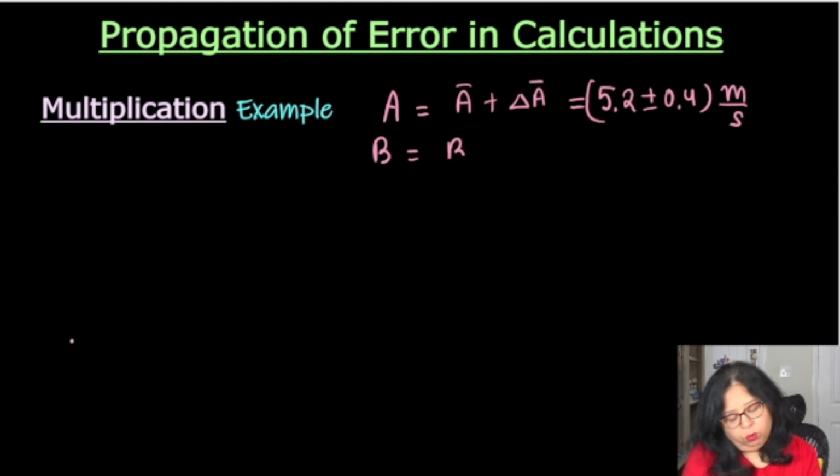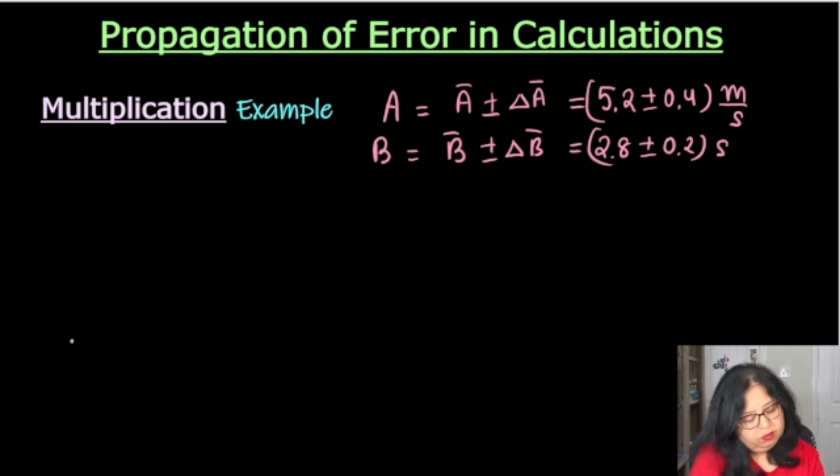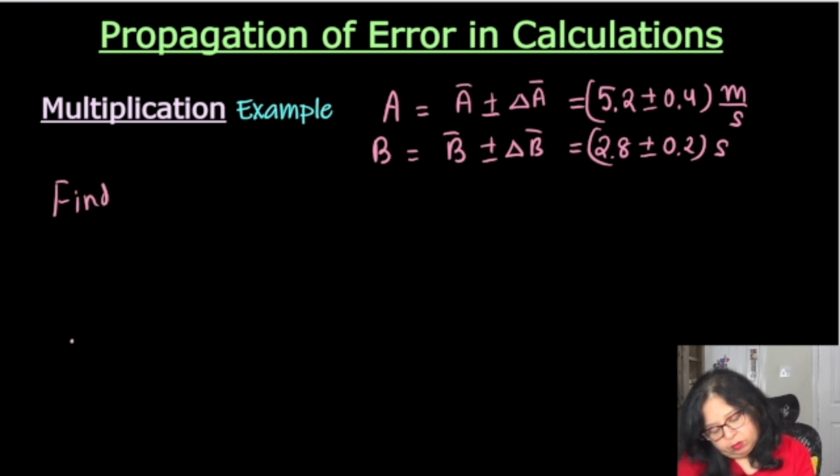B, which is B bar plus minus delta B bar equals 2.8 plus minus 0.2 seconds. Okay. Find C, which is A times B.